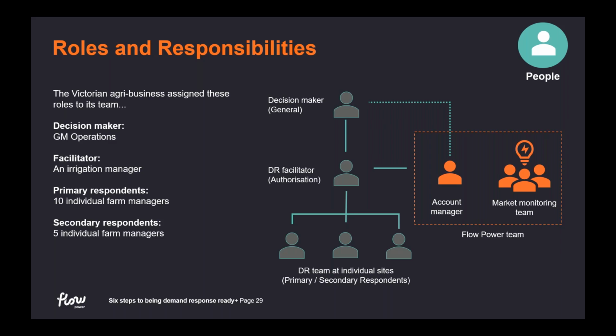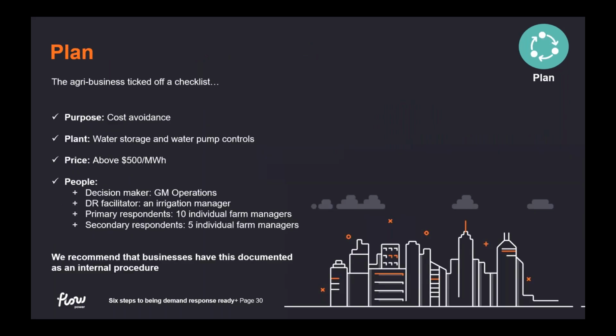So this next slide, thanks Laura. Next slide is our plan. So this is encompassing all of the stuff that we just spoke about: your purpose, your plant, your price, and your people. It is very important that this is documented somewhere in the business, because staff change, and like I said, in New South Wales, for example, if you're only doing prices above $500, you might not have had to do this for 2 years.